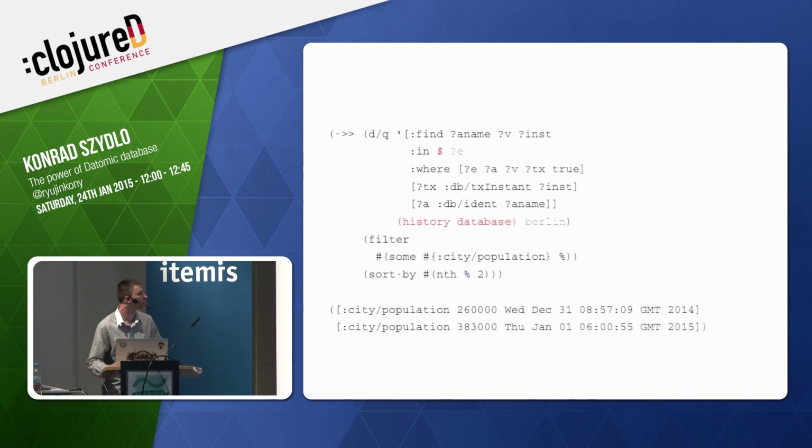The Datalog query returns attribute names with values and also an instance of time. I'm filtering because I'm only interested in populations, and I'm sorting on the population. So depending on the data in my database, I'll get such results as city, population 260, and so forth.